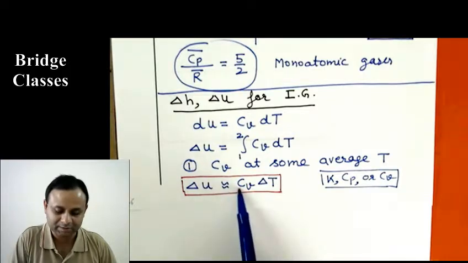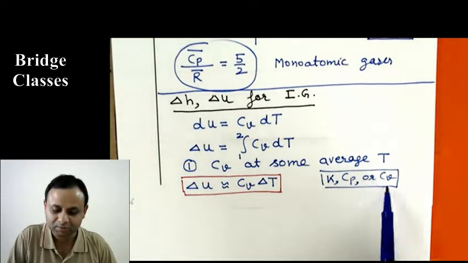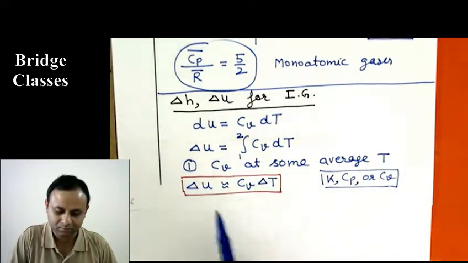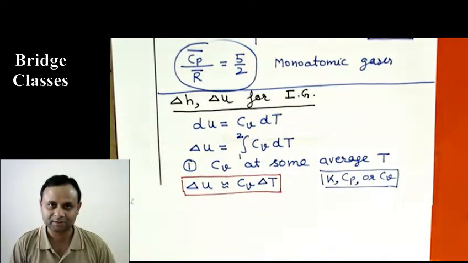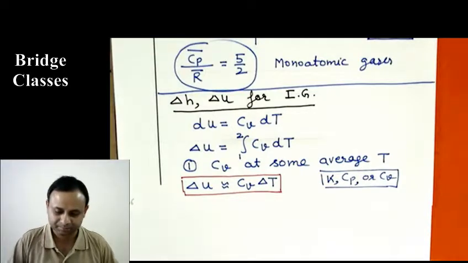So you are going to do the same thing. If you know one of these, you can determine all others. I already explained that. So we are going to find change in internal energy in this way. That is one option.